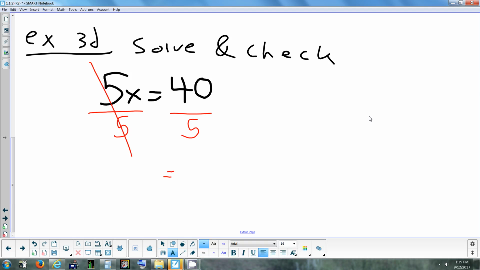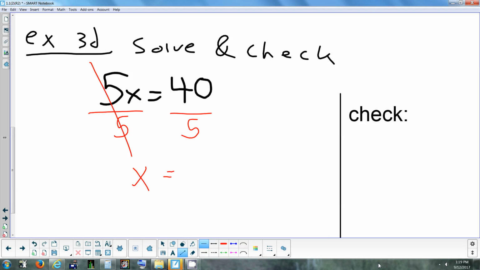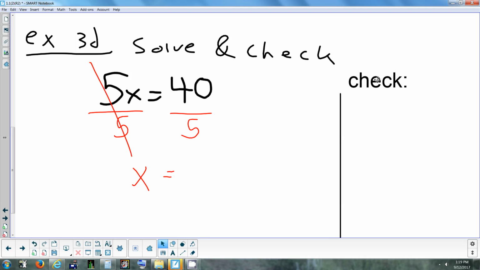On the left-hand side, what am I going to have? X, it just cancels out, right? On the right-hand side, what am I going to have? Take a second. Can someone help Fred out?